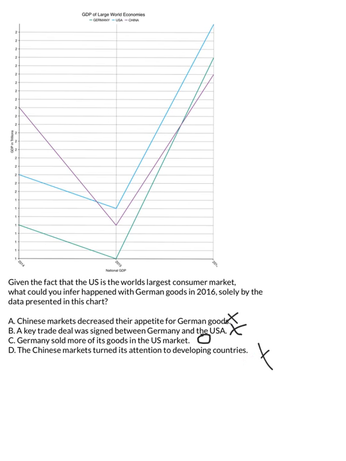Well, there's nothing on this chart saying anything about developing countries, so we wouldn't choose that one. So then we would come back to C and say Germany sold more of its goods in the U.S. That would be something that we could infer, not that we would necessarily know, but infer, because Germany did increase and it did get closer to the U.S., and the U.S. is the world's largest consumer market. So because of that, we have a basis to infer that C is what happened in this case.